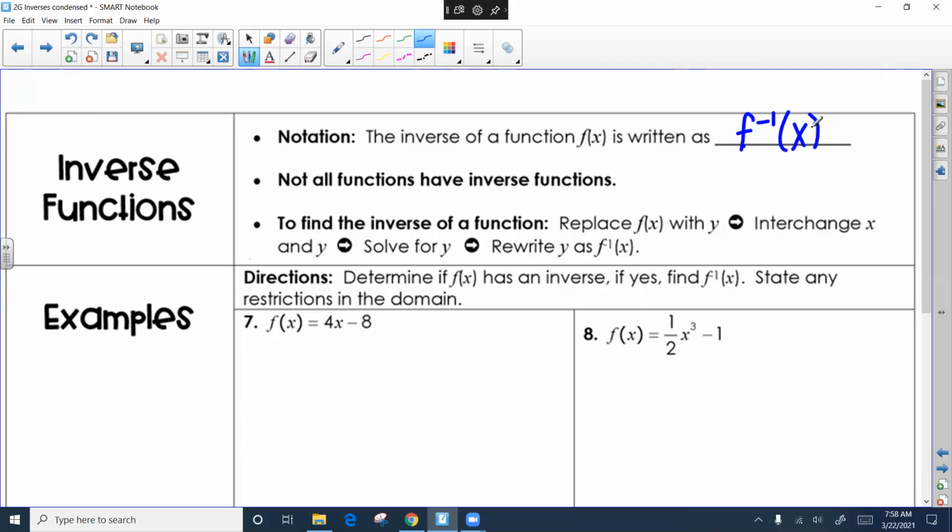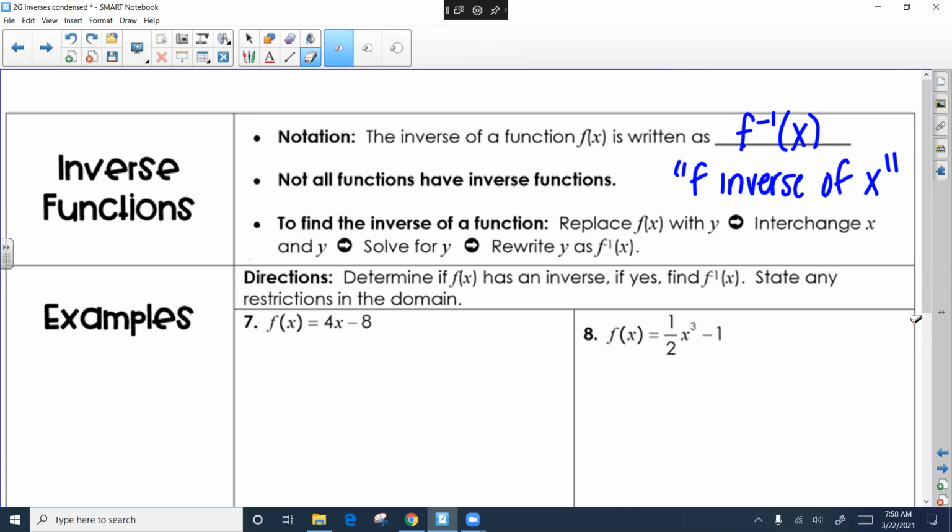So it looks like f with this little -1 in the superscript of x. We don't say it as f -1, we say it as f inverse of x.